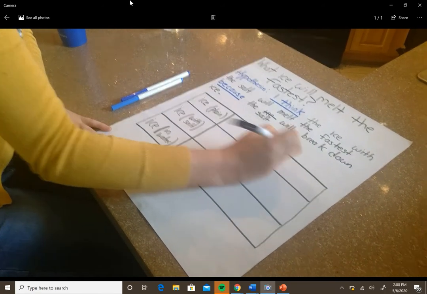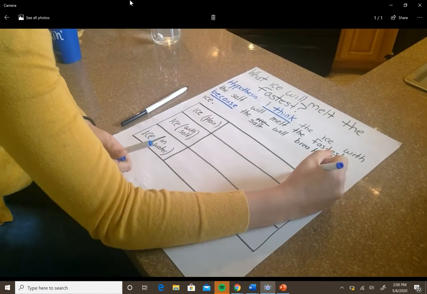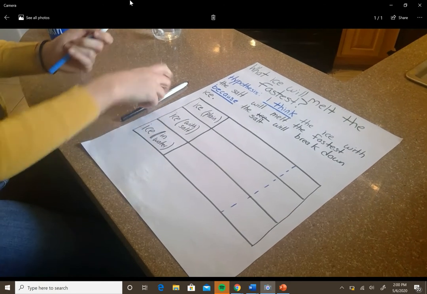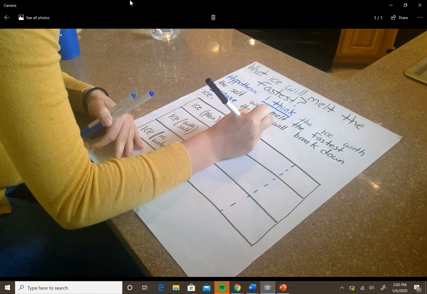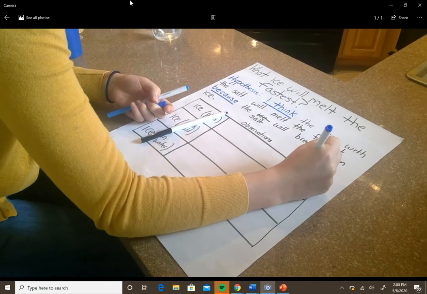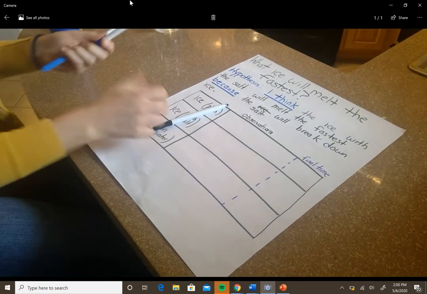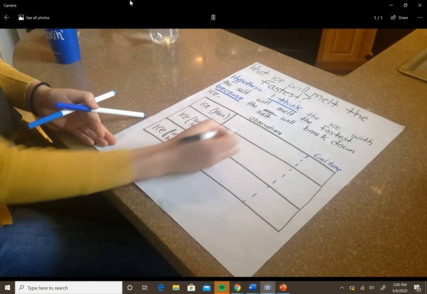I'm also going to draw more of like a dotted line going down here, because I'm going to use this big box for my observations. And then this is going to be my final time. So as my ices are melting, I can stop every few seconds and kind of jot down what I'm noticing.